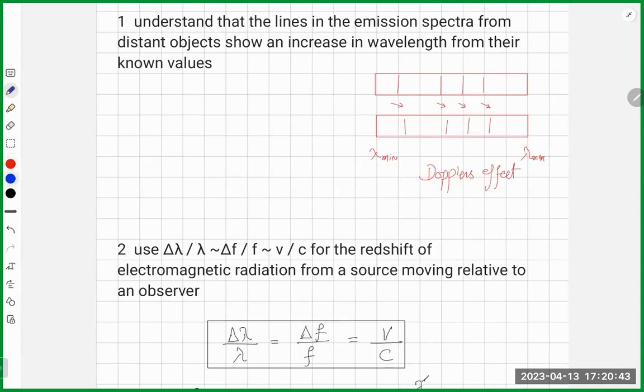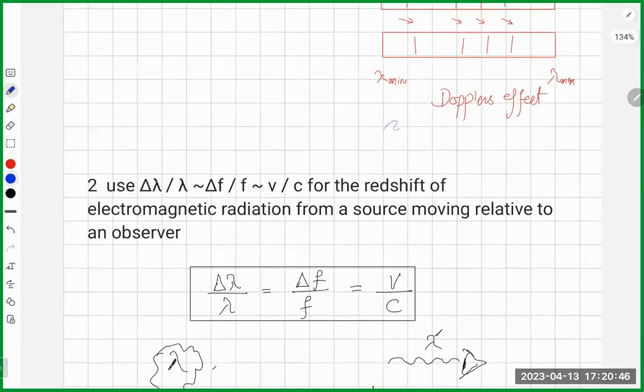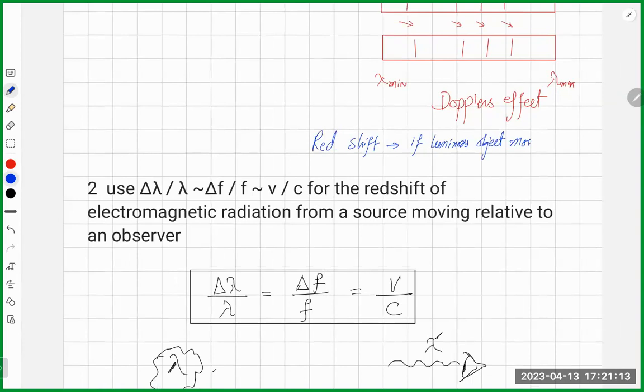Now, if something approaches you, here we go, redshift: if a luminous object moves away.